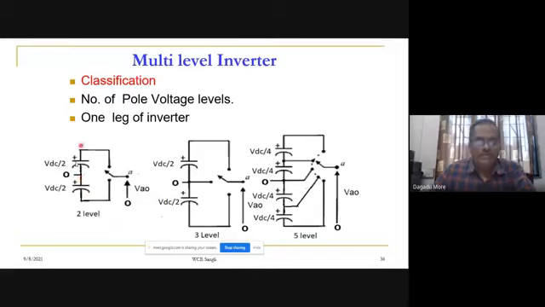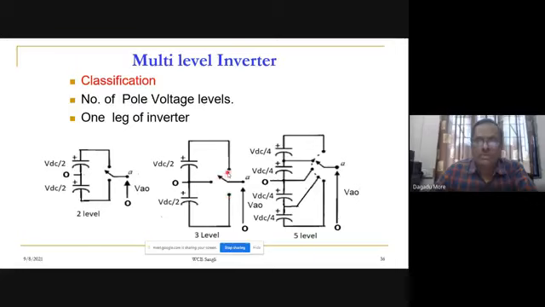In this diagram we have seen that VAO has two levels. When the switch is on the upper side, VAO is plus VDC by 2, and when the switch is at the lower position, VAO will be minus VDC by 2. In case of three level, we have three positions of the switch.